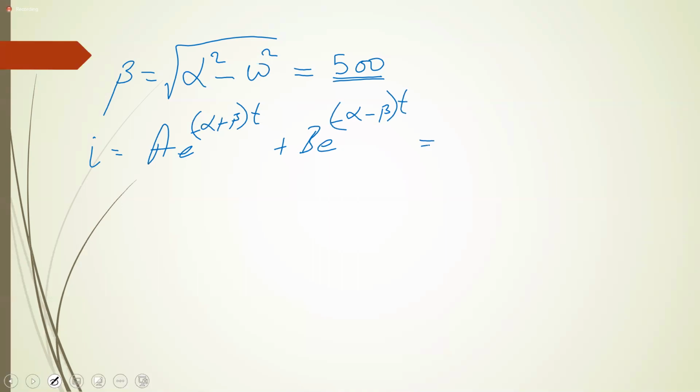And alpha we know is 1,000, yes? And beta is 500. So this would be A e to the minus 500t plus B e to the minus 1,500t.